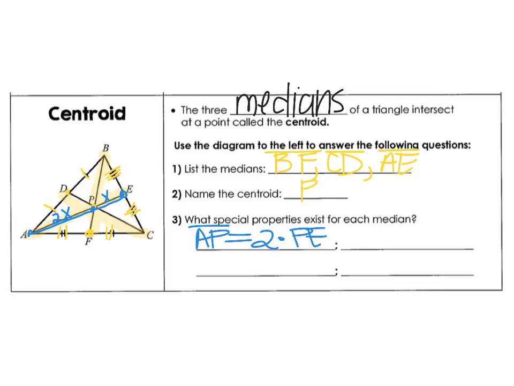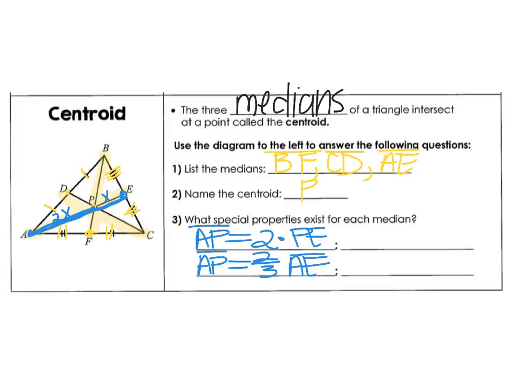We can also say that AP is 2/3 of AE, if we're looking at the whole segment. So if we're looking at the whole segment of AE, AP, this top part of the median, is 2/3 of the whole thing.